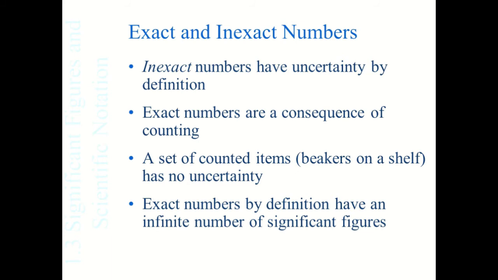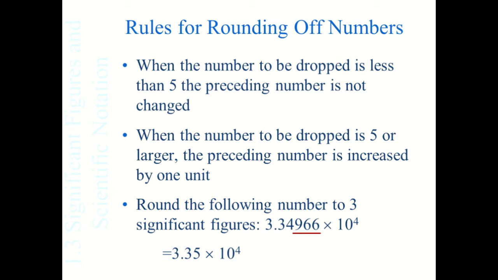So exact numbers are a consequence of counting. I know exactly how many there are. It's the inexact numbers that have uncertainty. And those are the ones that have significant digits. Okay? Okay. So they have infinite numbers of significant digits.